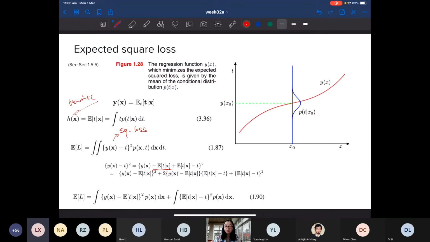And for now, we just assume someone told us to add and subtract this particular term. And if we expand the squares, we essentially group the first two terms and the last two terms. There are two square terms, and then there's the cross term, right? For this particular cross term, we multiply the difference between y and the expectation of t given x, and the difference between the expectation of t given x and t.